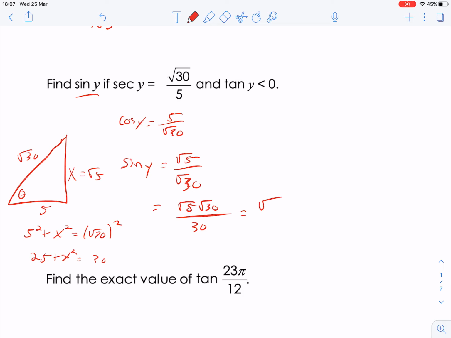So we get square root of 150 all over 30. What goes into 150 that we can do is square root of 25. Square root of 6 over 30, which equals 4 square roots of 6 over 30, which equals square root of 6 over 4.